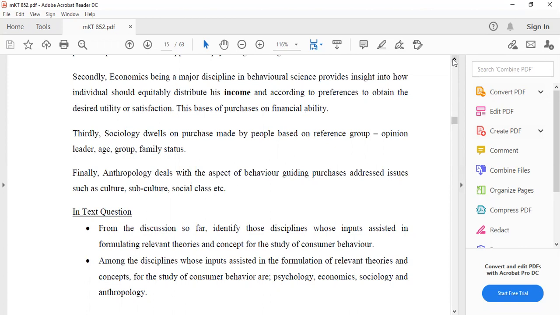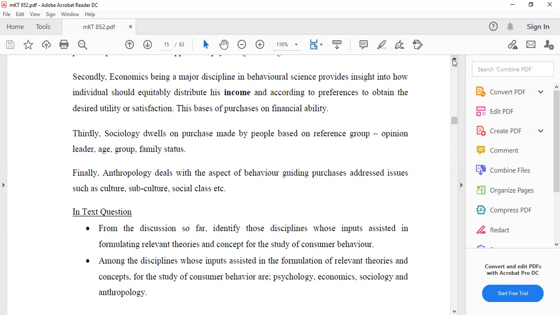Family status is also not left behind because we try as much as possible to conform with the status of our family in most of the things we do. Then last but not the least is anthropology.